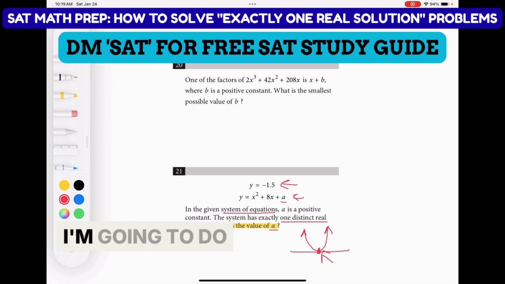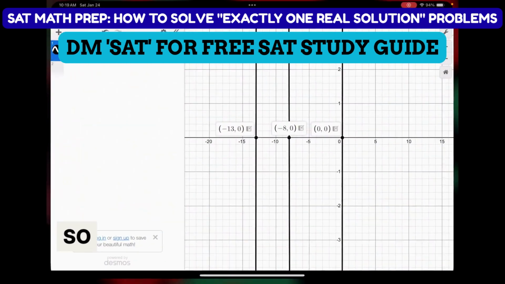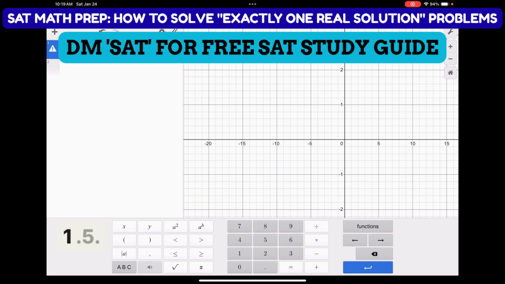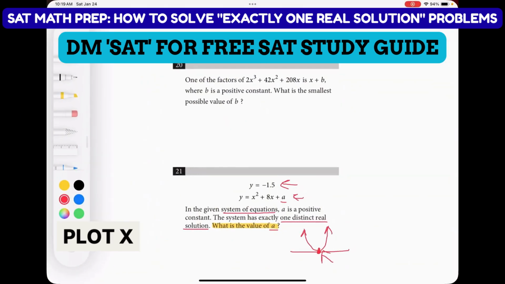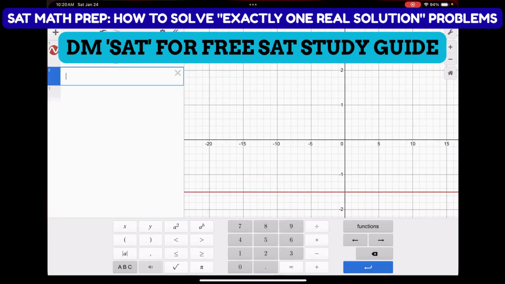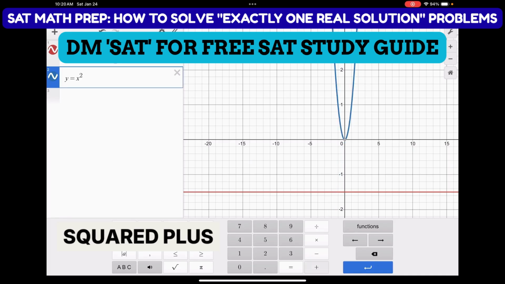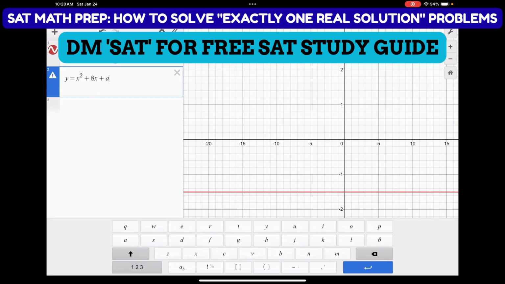So I'm going to set these equal to each other and solve for a. Now, I think I'm going to do this with decimals because it'll be easier. So I'm going to plot y equals -1.5, and then I'm going to plot y equals x squared plus 8x plus a.